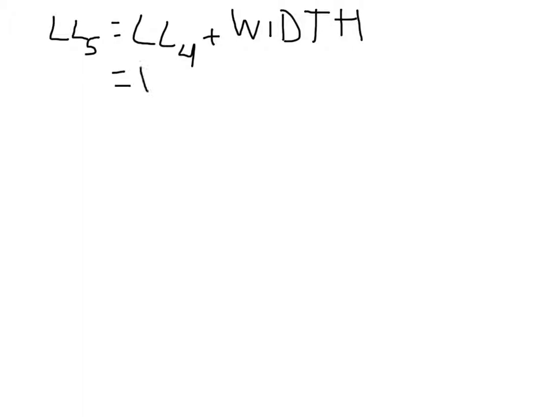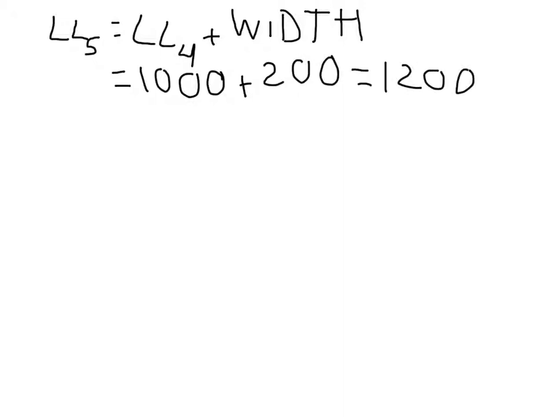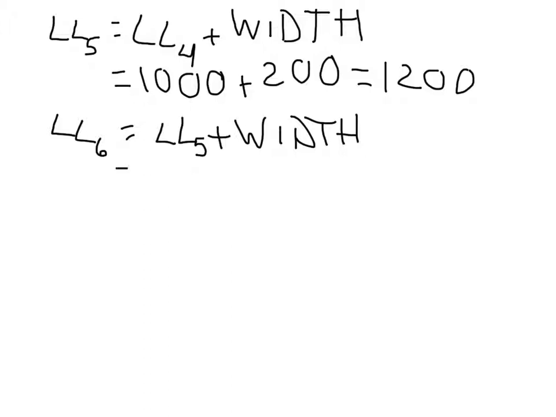And that's 1,000 plus 200, which is 1,200. And then lower limit 6 is lower limit 5 plus the width. And that's 1,200 plus 200, or 1,400.